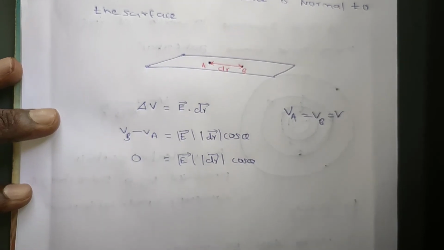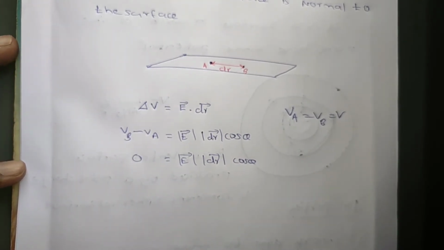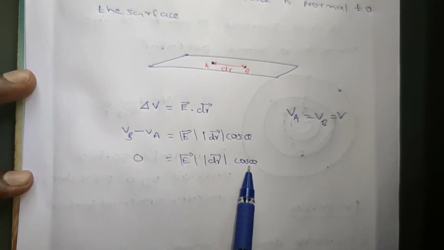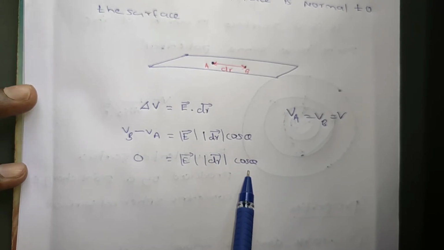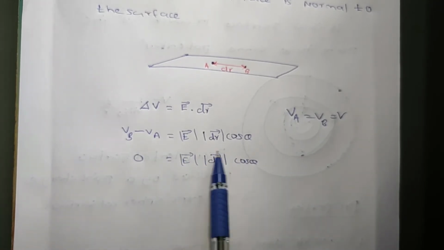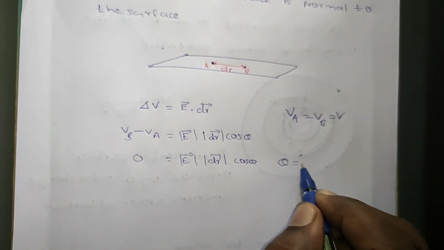What is the condition? Is it possible for the electric field to be 0? No, it is not possible. Then is the distance dr 0? No. The only condition to make this work done 0 is that theta becomes pi by 2.